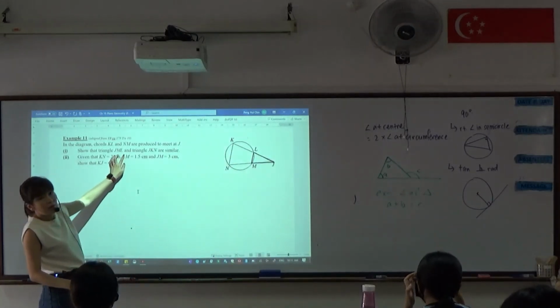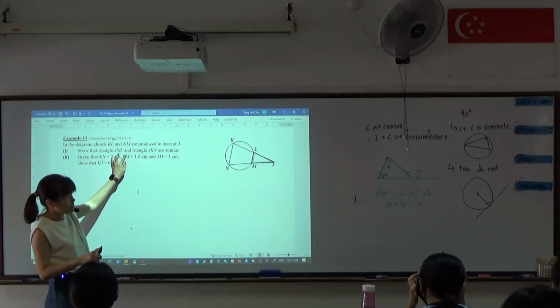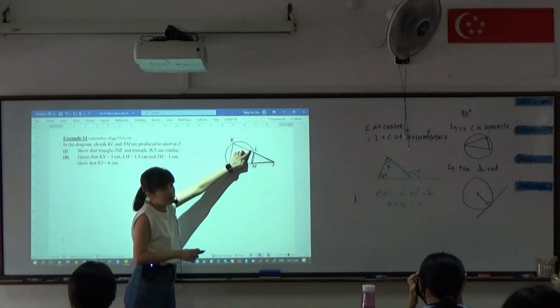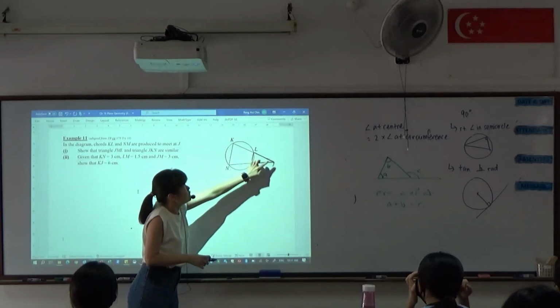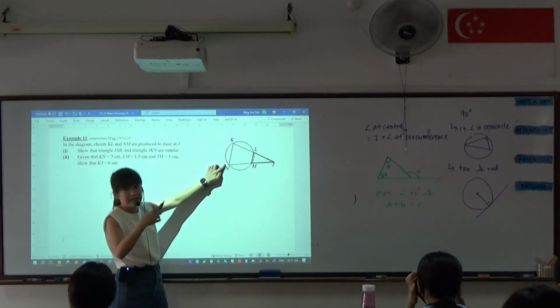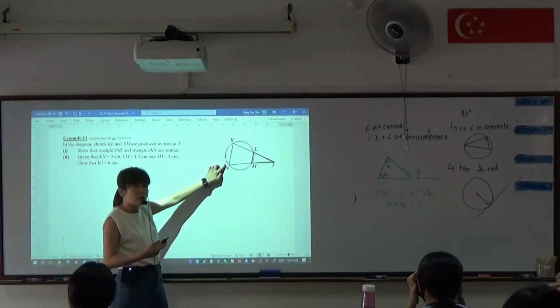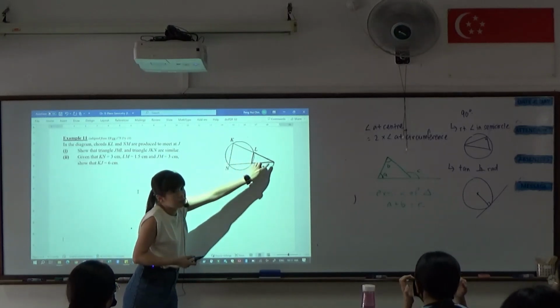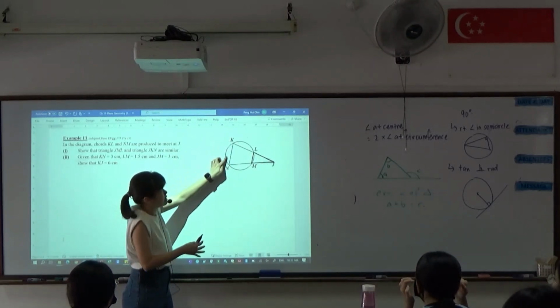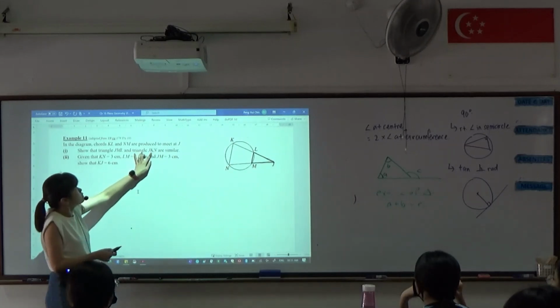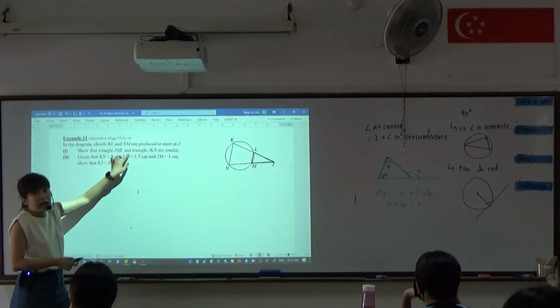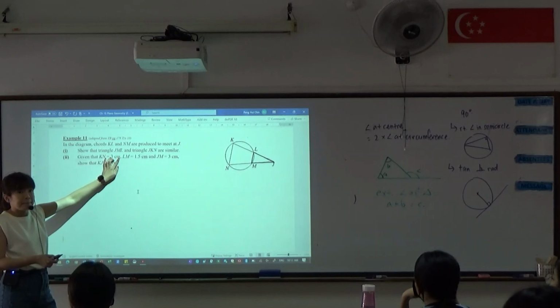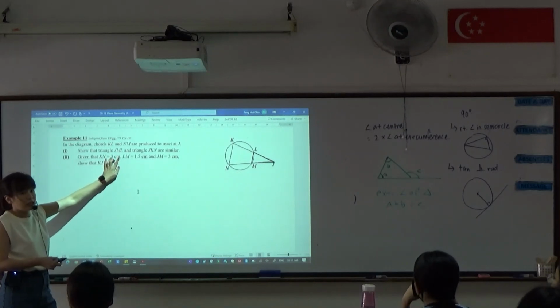In this case, I want us to make sure that we are aware that JML is in this manner, but JKN is the other orientation. So don't fall into the visual trap to think that this triangle is similar in the same orientation to JKN. So do observe how the naming is being done. Okay, so that's something that you need to pay attention to.